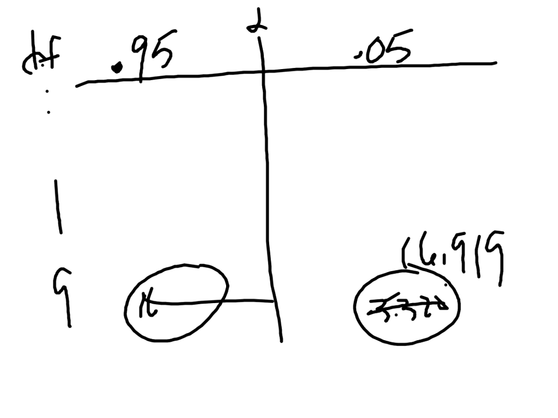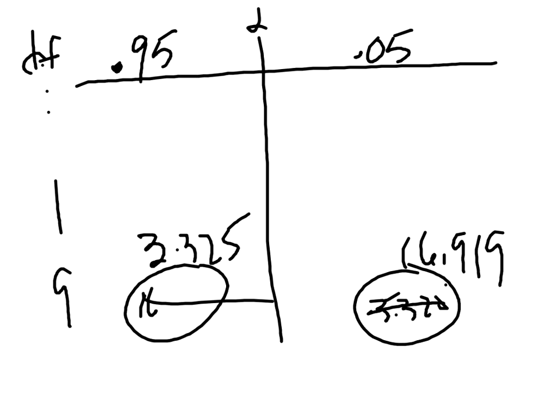I just want to make sure my drawing matches these. This is no time for any confusion. So for 9 degrees of freedom at 0.05, we get 16.919, and then on the other side, we end up with 3.325. So the book has given us those, but I think they gave them to us backwards, if I'm not mistaken. Let me go back and check that once again. Every once in a while they have an error.